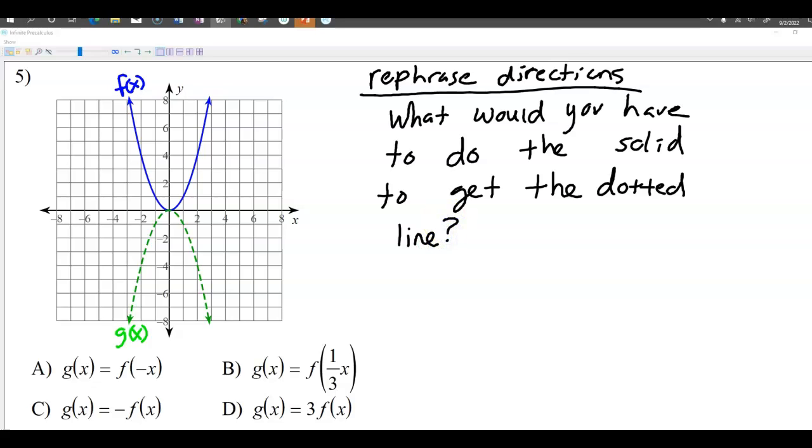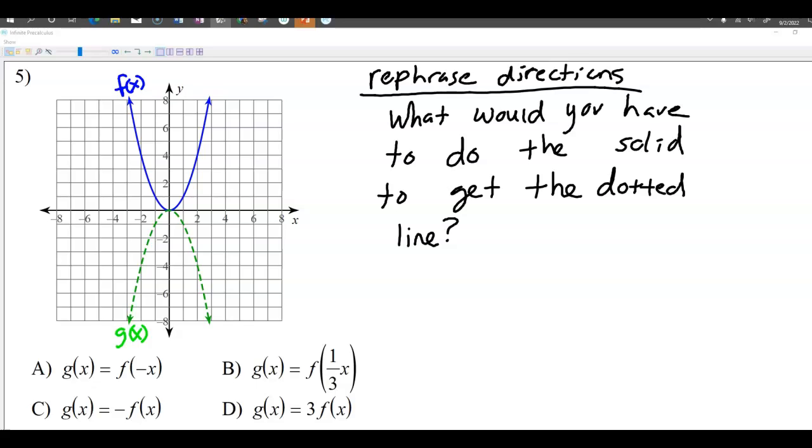To me, that makes a little more sense, but be familiar with how it's worded on your worksheet. Instead of saying write g of x in terms of f of x, the question is really saying, what would you have to do to this blue line, the solid line, to get that dotted line?